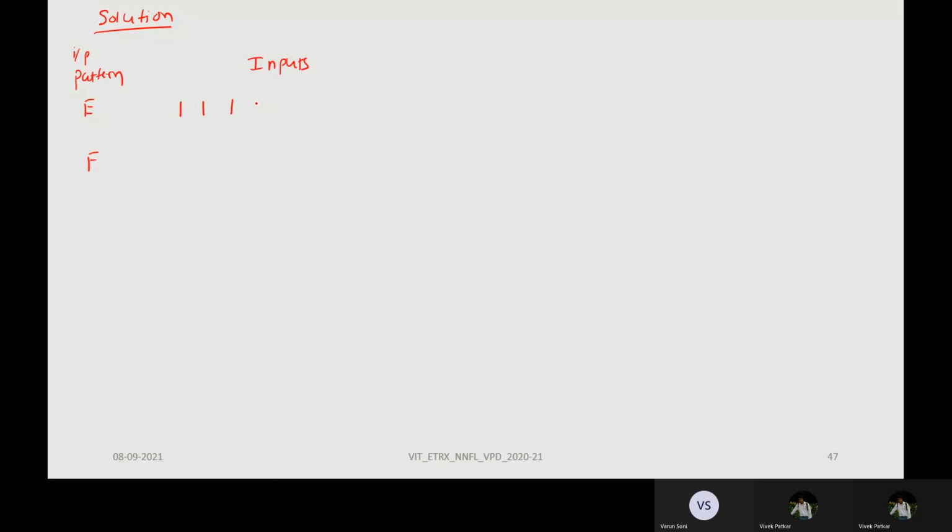In the second row there is first star and then two dots. In the third row again all stars, so 1 1 1. In the fourth row again first star then two zeros. And in the last row again all stars. This is my pattern for E.